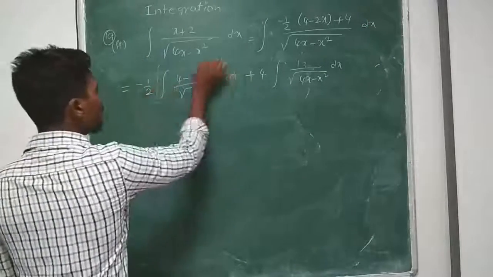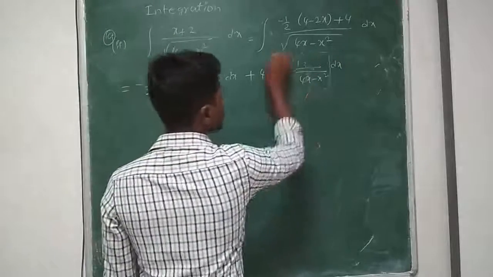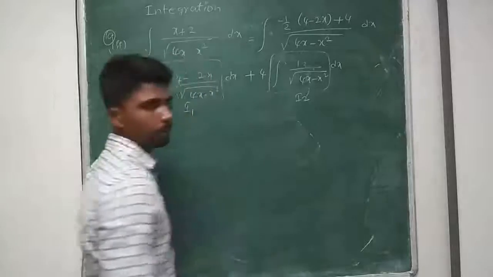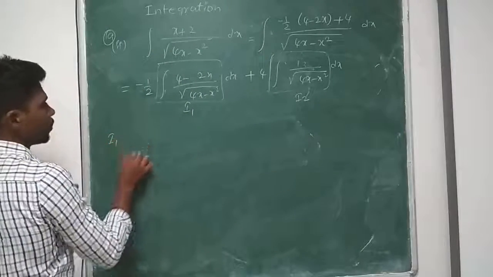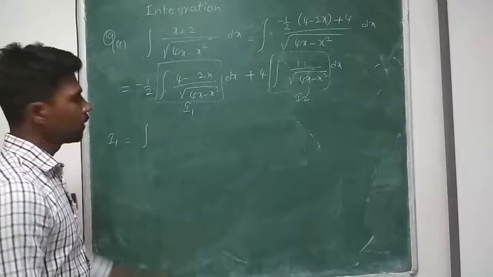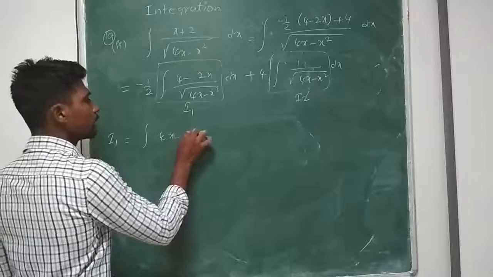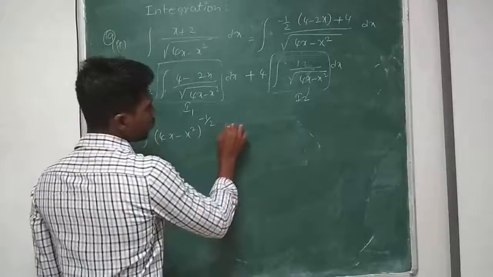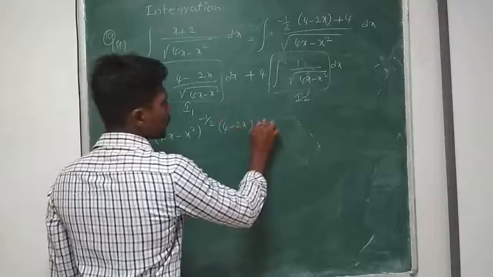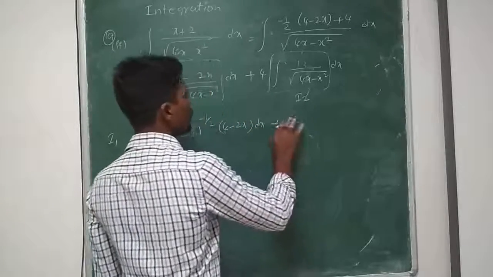Consider the first part as the first integral and the second as the second integral. Evaluate. So I1 is equal to integral (4x minus x square) power minus 1 by 2 into (4 minus 2x) dx.